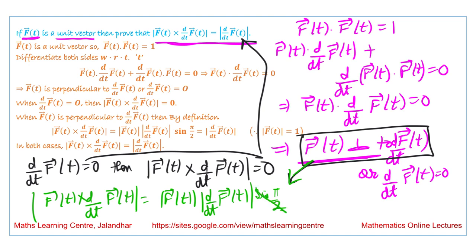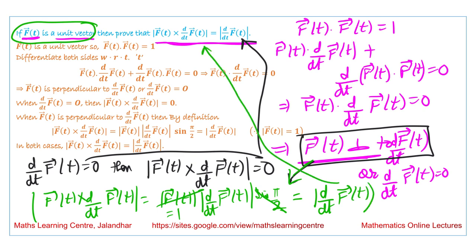Now sine of pi by 2 is 1, and mod of f vector t is equal to 1, since it is given that this is a unit vector. So the answer we have is mod of d by dt of f vector t, and this is what we have to prove.